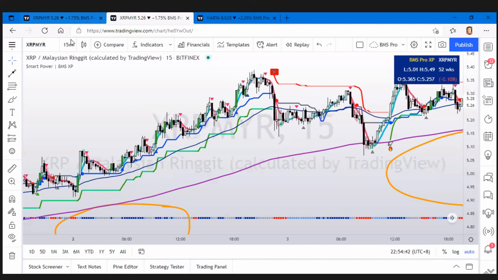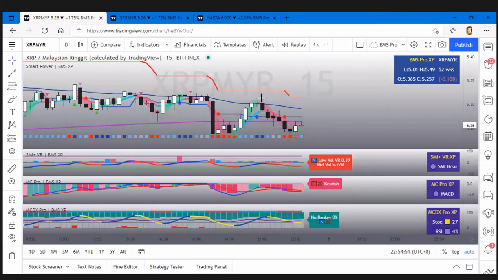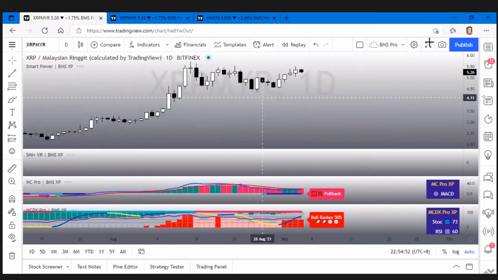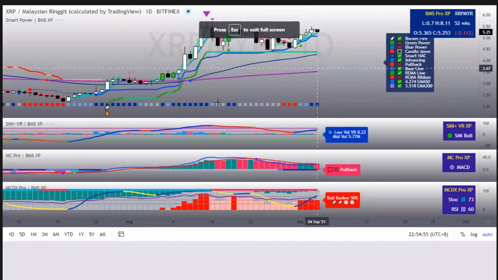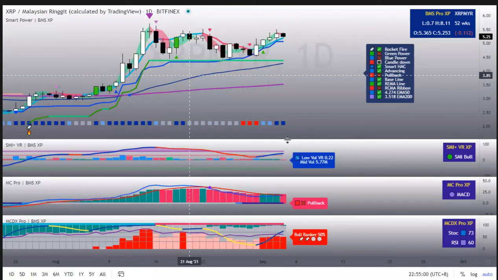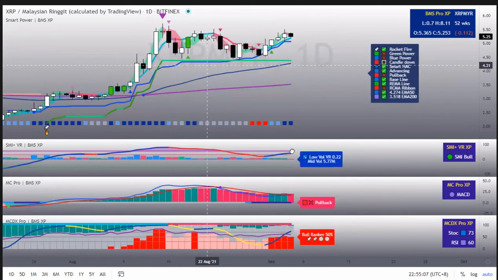With the BMS indicator we can trade the market much more easily with the signals, with the dynamic moving average lines as support and resistance plotted on the chart, along with other indicators to help us trade much better. It's very easy to understand the signals.